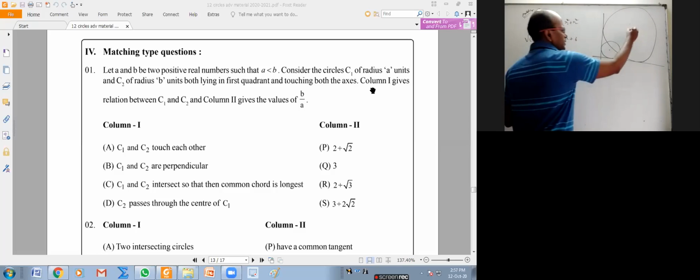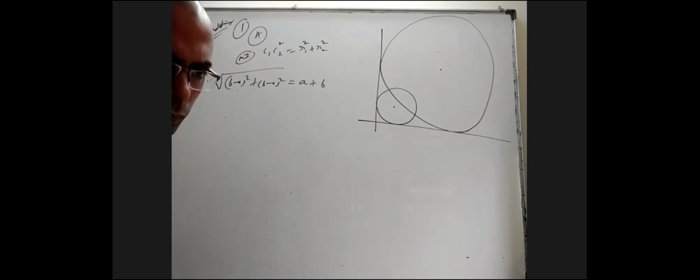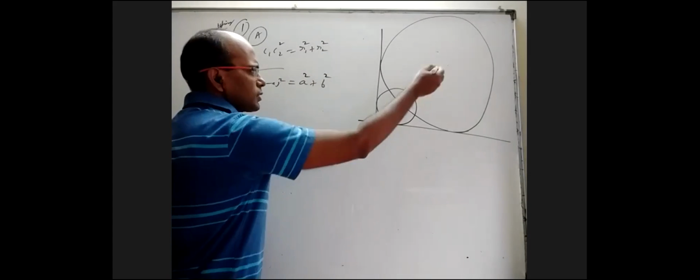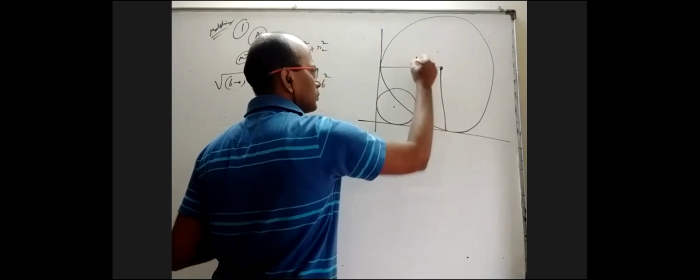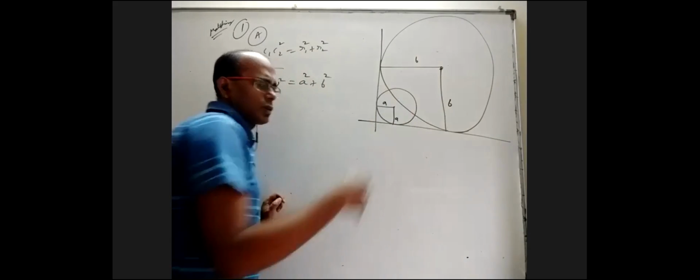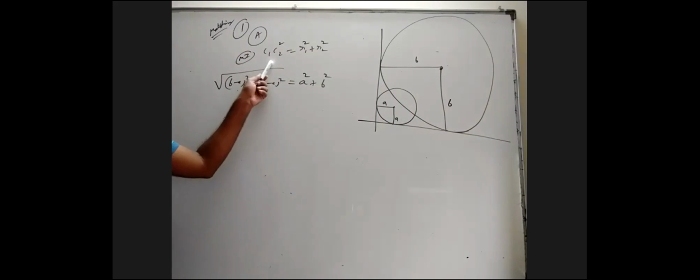Then use again the same centers, A comma A and B comma B. Okay, so this center is A comma A, this center is B comma B. We know that already. Orthogonality, I don't know from the figure how exactly we can go about it, but we can use this formula.